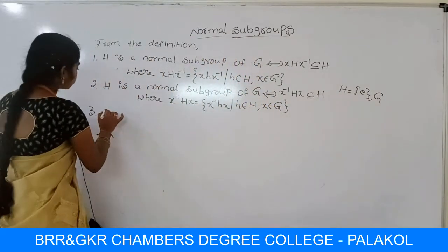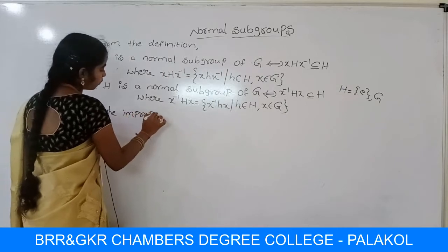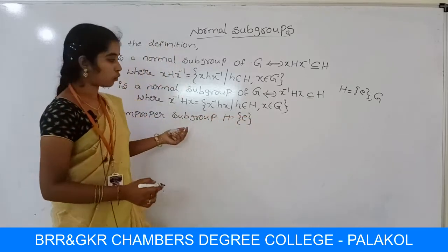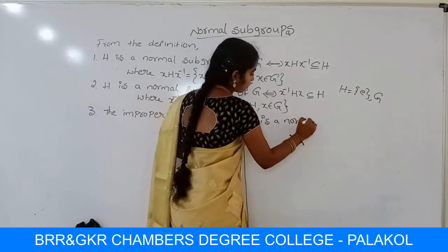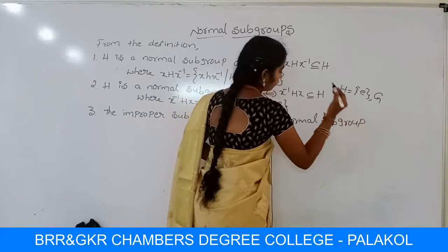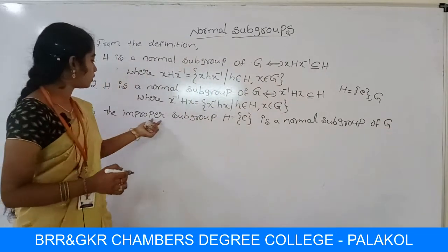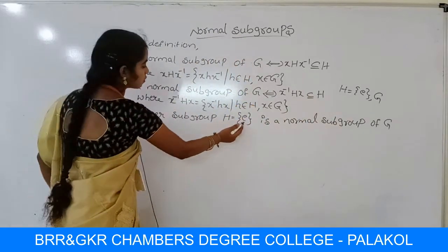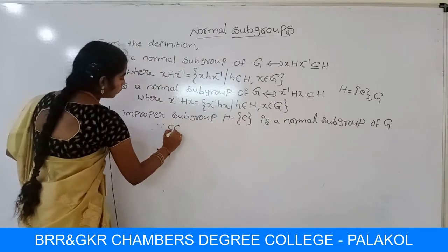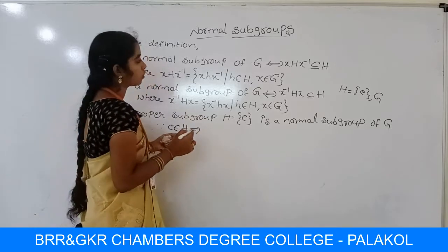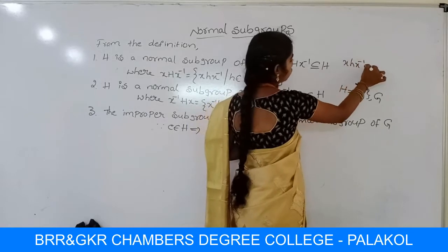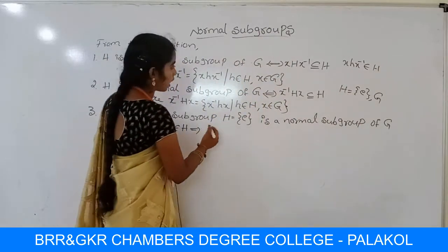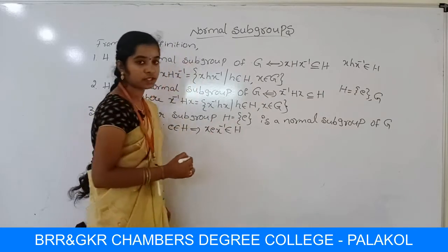So third point: the improper subgroup H equal to singleton {e} is a normal subgroup of Z. Since e belongs to H, by the normal subgroup definition, x h x inverse belongs to H, so x e x inverse belongs to H.